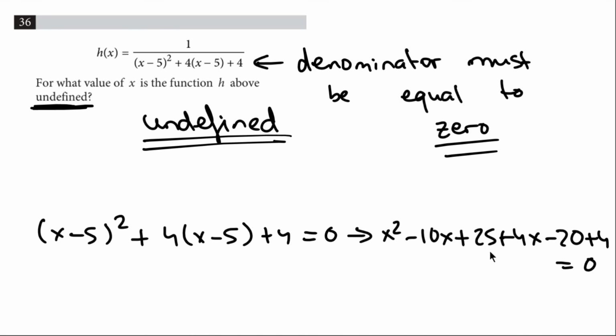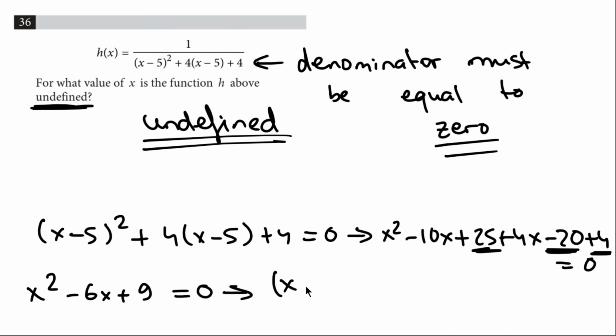And let's add the like terms, 25 and negative 20 and 4 all add up to give me 9, then x squared just stays as it is, and negative 10x plus 4x gives me negative 6x. So all of that gives me 0. Now, can I factorize this? Yes, I can. So (x minus 3) multiplied by (x minus 3). That's just a perfect square.